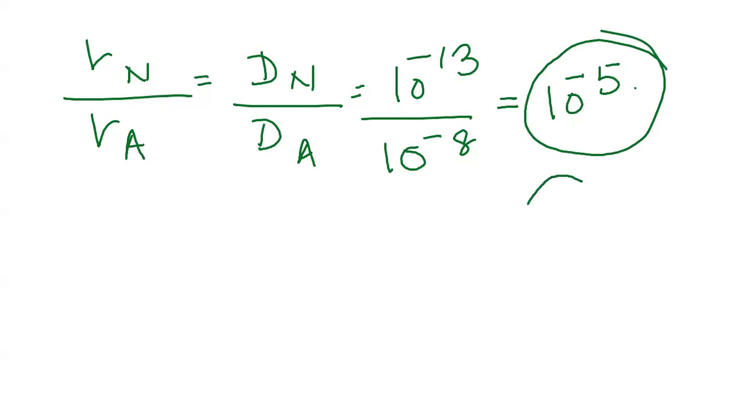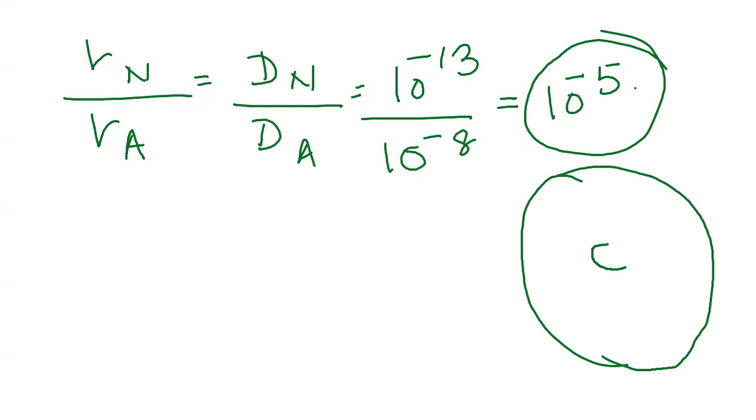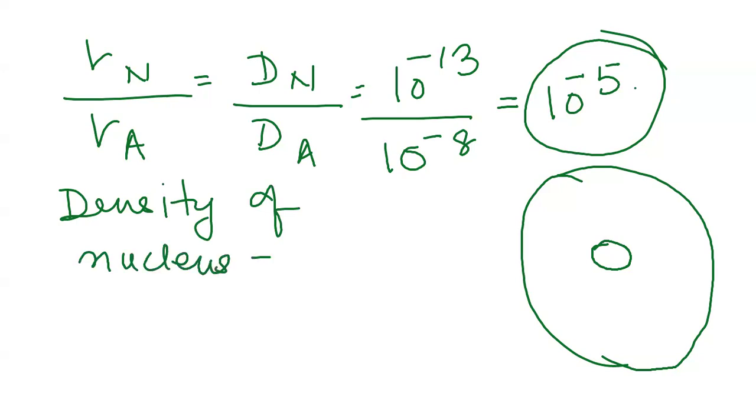It means that if the atom is this huge, this is the nucleus. And the density of nucleus is how much? 10 raised to 17 kg per meter cube.